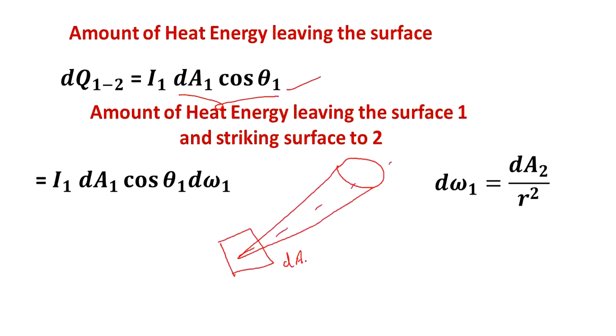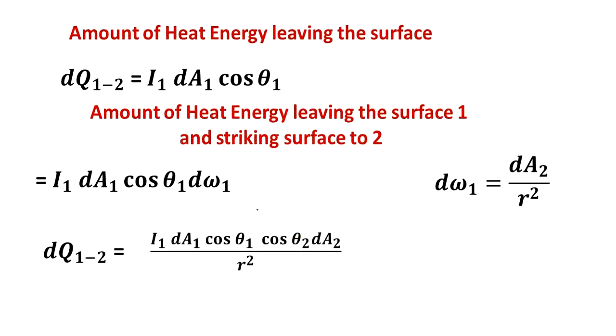This is dA1, this is the solid angle d omega, equal to dA2 divided by r square. This is dA2 solid angle, this is dA1. Therefore you put this in this equation in the place of d omega 1. Therefore you will get this equation.